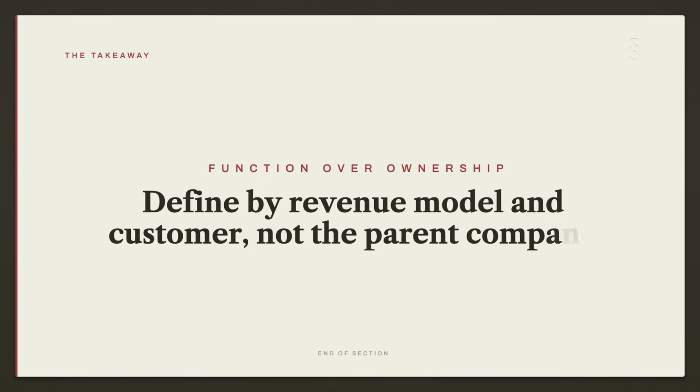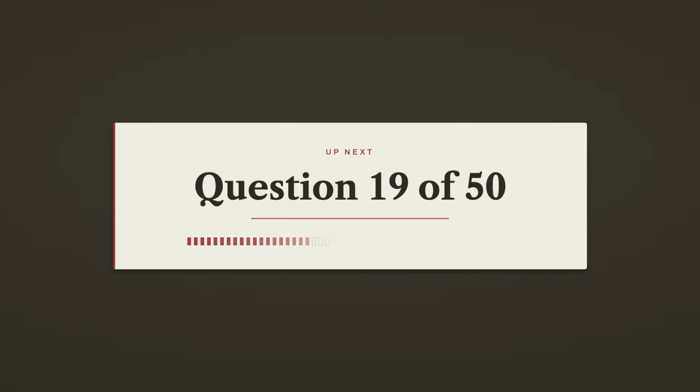Even when a bank holding company owns a wealth management arm, it's still classified by what it does, an asset-based fee charged to individuals. Read the stem for function, customer, and revenue model, and the sector reveals itself every time.